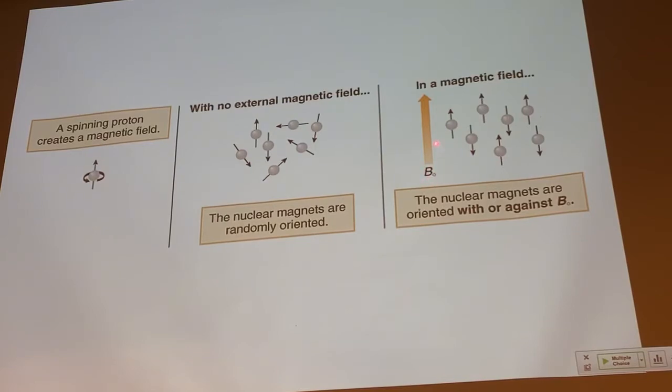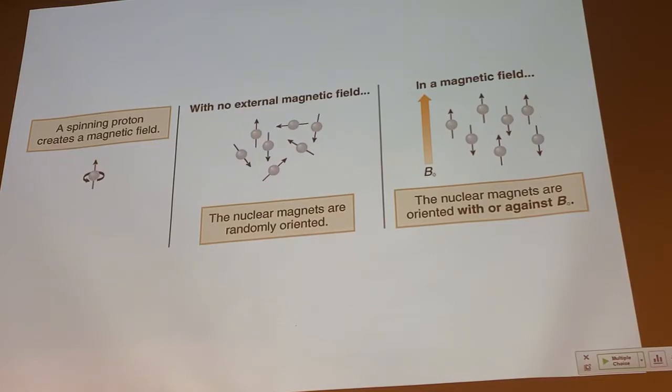So the applied magnetic field is pointing up. So we have roughly half of our nuclei oriented in the same direction as the applied magnetic field, and roughly the other half oriented opposing the applied magnetic field. Okay? So we have those 2 nuclear spin states. And when we apply a magnetic field, they either line up with or against the magnetic field.